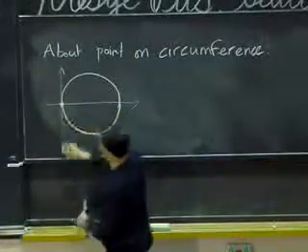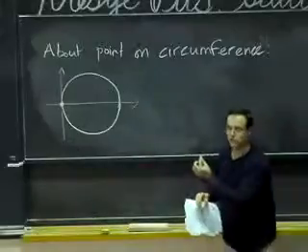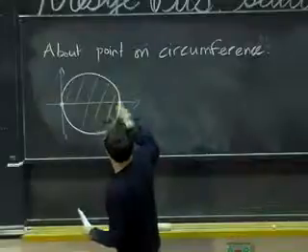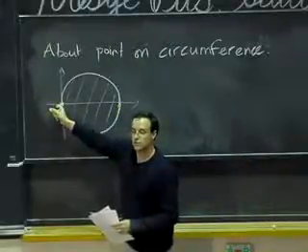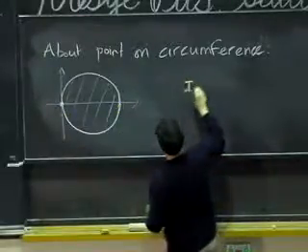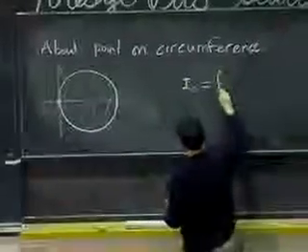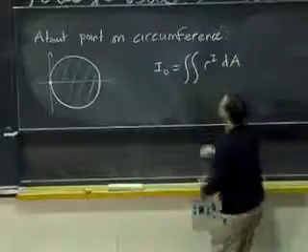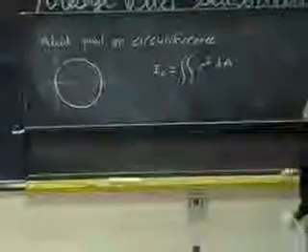Now I've moved the origin so that it's on the circumference of the disk, and I will again try to find the moment of inertia of this disk about the origin. So it's still the double integral of r squared dA. But now I want to find out how to set up the integral.